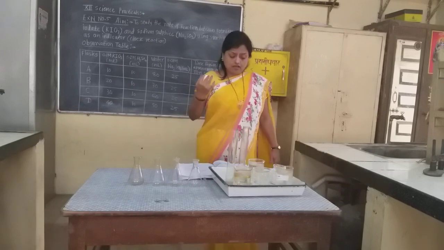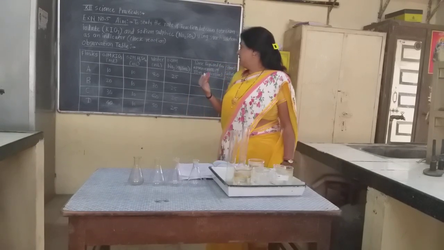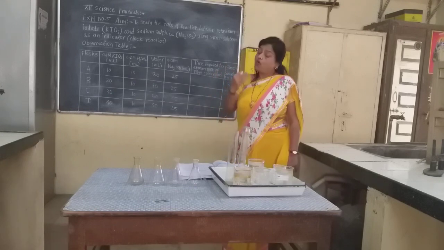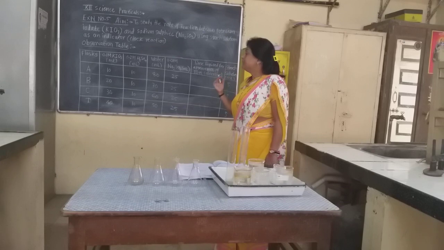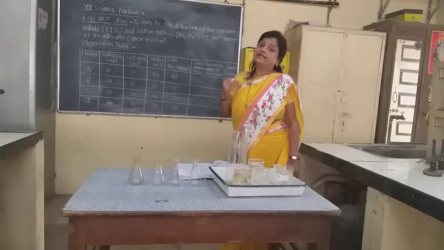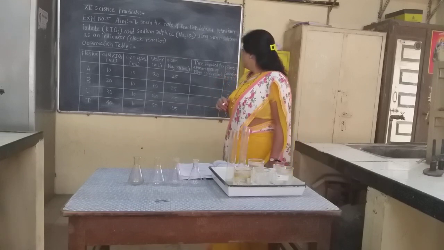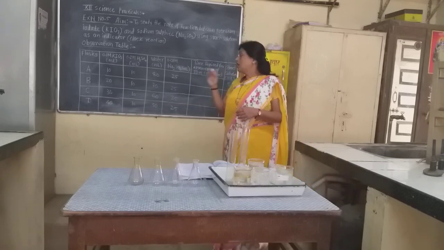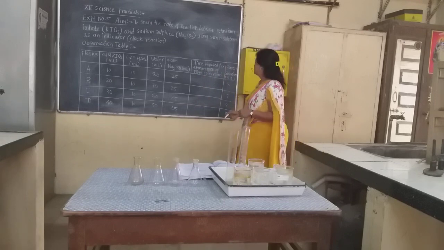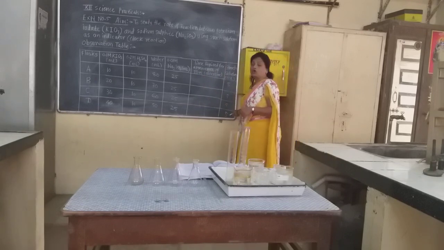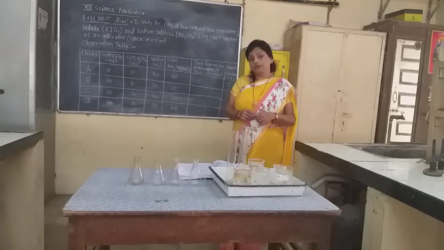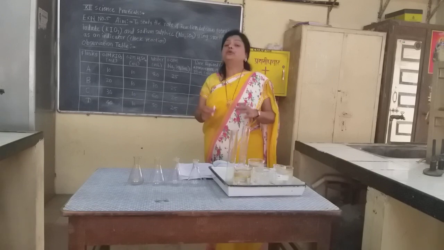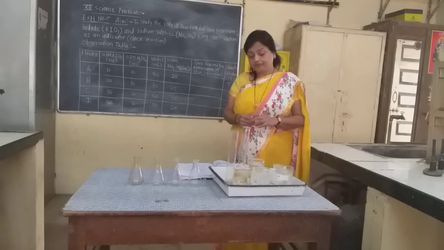Then add about 80 ml, 70 ml, 60 ml and 50 ml water into A, B, C, D conical flasks respectively. And again add into all of them 5 ml of the starch solution. In every conical flask we have to add the 5 ml starch solution.